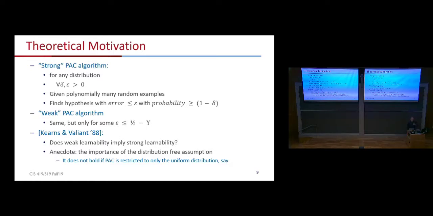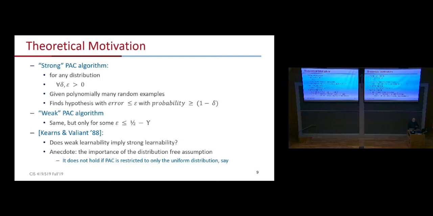But you already know that we actually need the distribution-free assumption, because we gave a few other examples where if you just know how to learn over a single distribution, you cannot transform the distribution, you cannot blow up the feature space, because this changes the distribution.